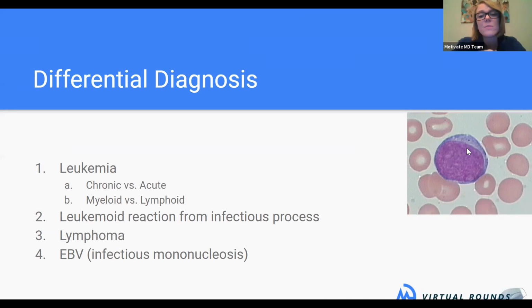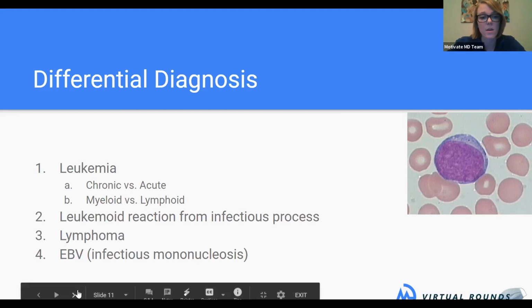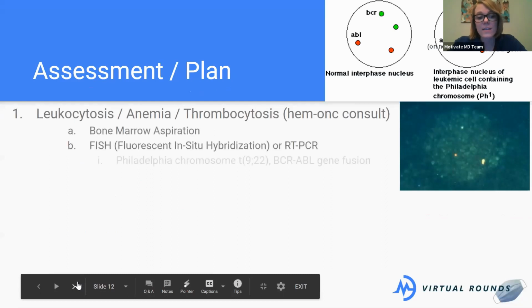You see this immature chromatin inside of the nucleus where it's lacy, and very prominent nucleoli here, one at the bottom and one at the top. It's very immature. And as we see the cells progress, we start to see the chromatin becoming more clumpy. You'll see an example of that towards the end. But all of that is to say we're suspicious that this might be a chronic myeloid leukemia.